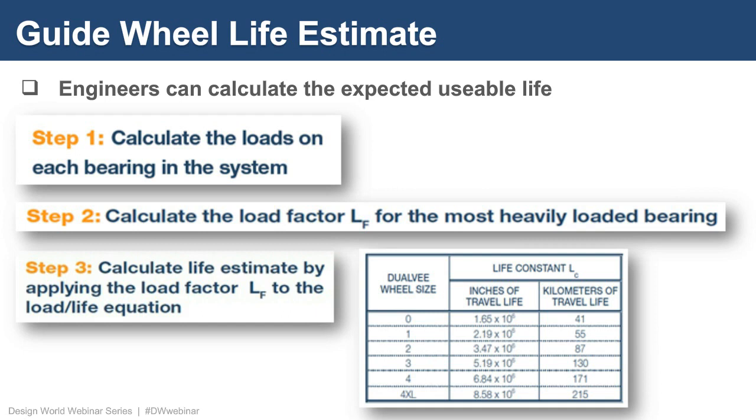And step three is to calculate the life estimate by using the load factor in the load life equation. One of the other pieces of information you'll need is the life constant. This is the distance of travel that each bearing can travel with full load. So that is the standard calculated life of the bearing.